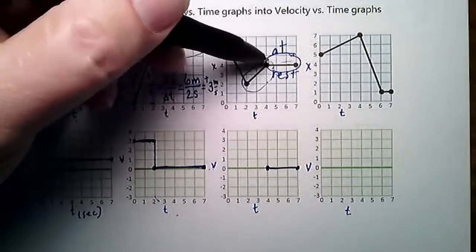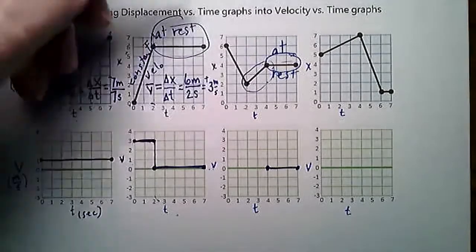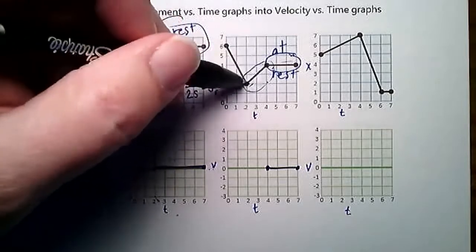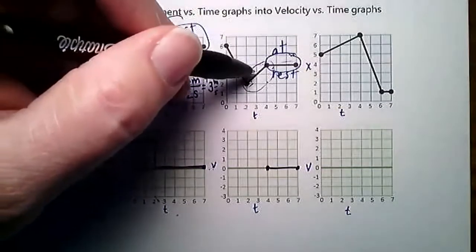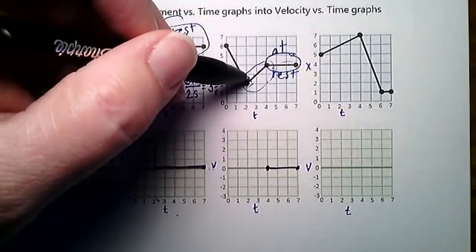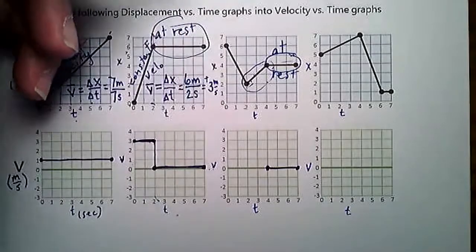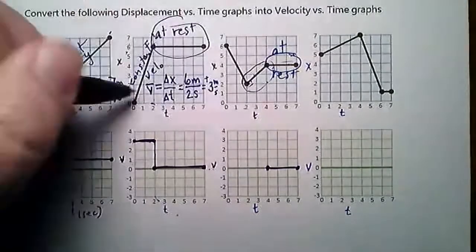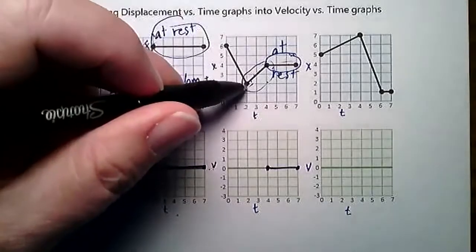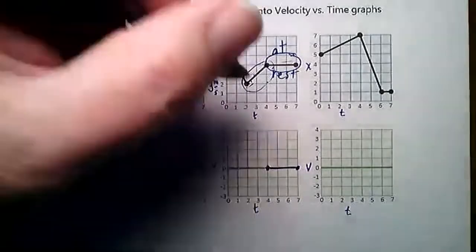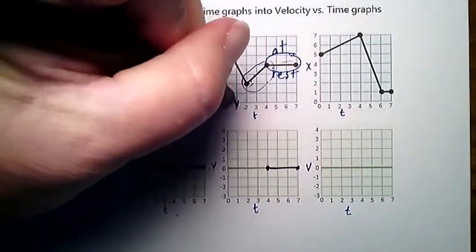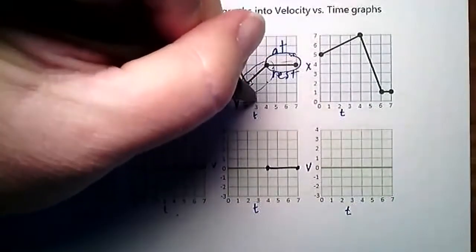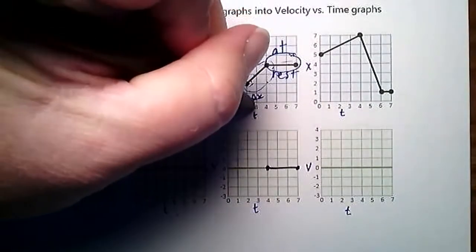So I must have been moving. What did that motion look like? Well, the fact that it's a straight line tells me this is constant velocity again. So the question is, what is that constant velocity? We've already done this on the first two. To figure out what the constant velocity is, we just say that the velocity equals delta x over delta t.